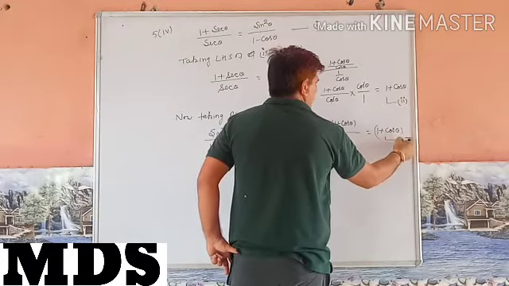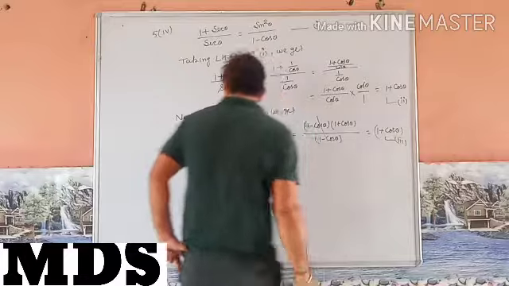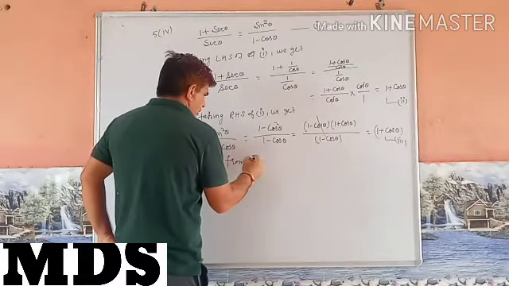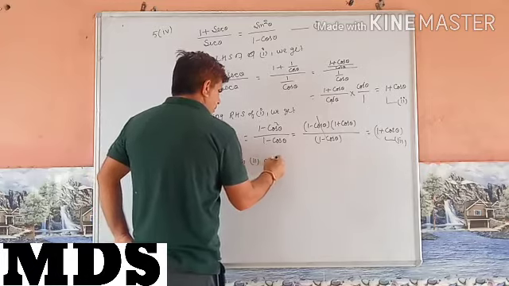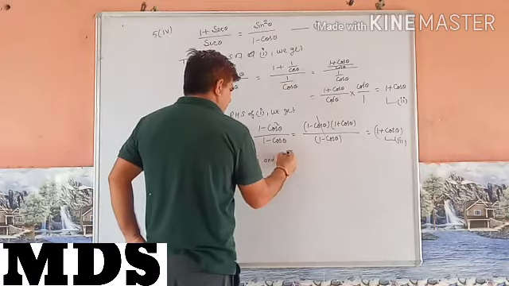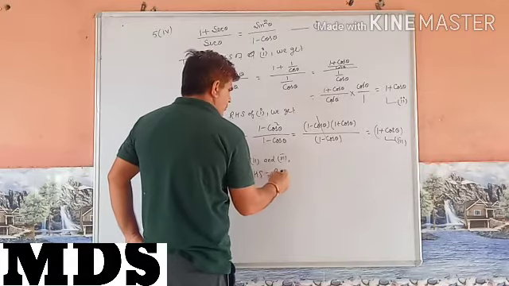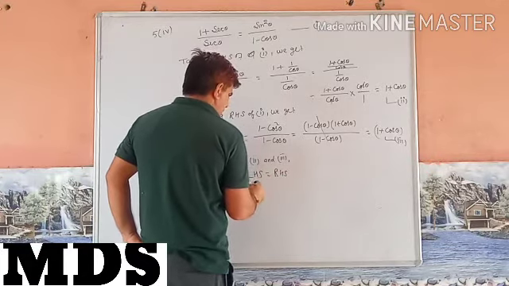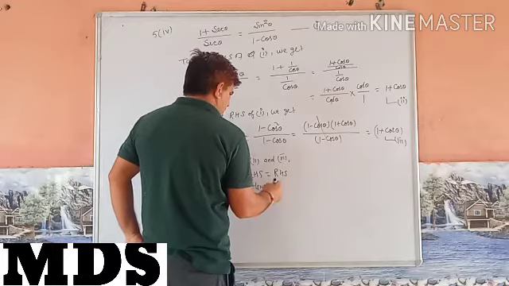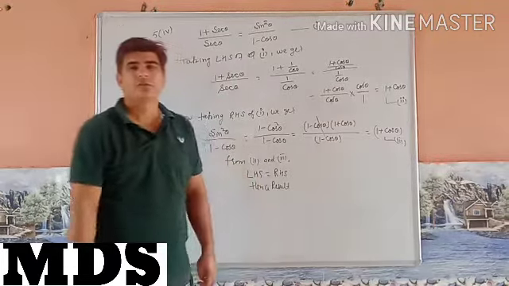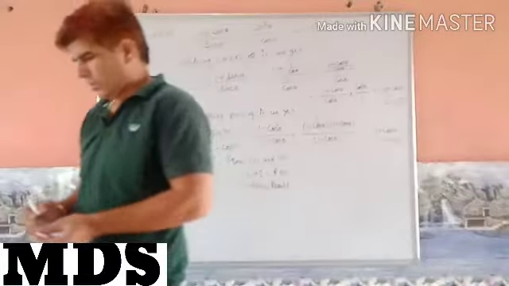From second and third, LHS is equal to RHS, hence the result which we require. Understood or not?